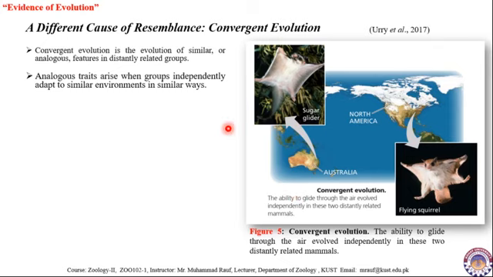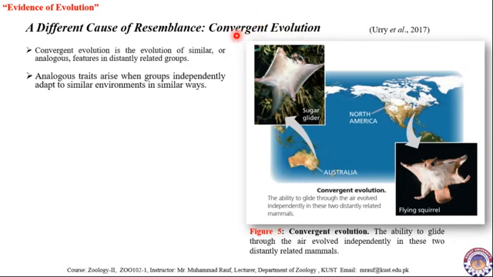Now, as I mentioned earlier, the similarities in the phenotype or the anatomical features or the embryonic development of two individuals may be because of having a common ancestor, or in some instances they may be because of convergent evolution.